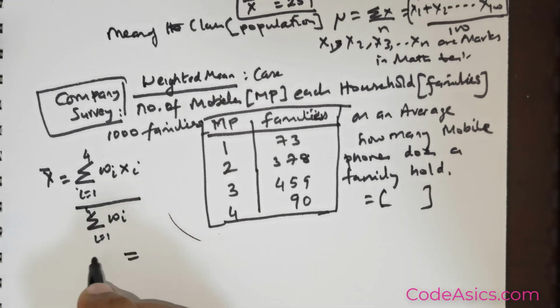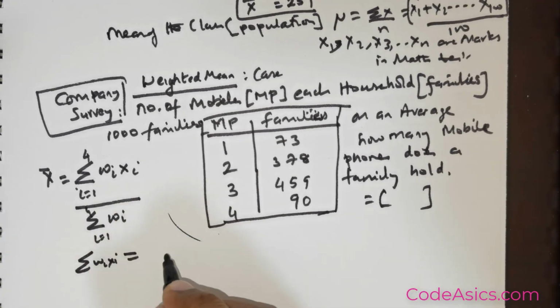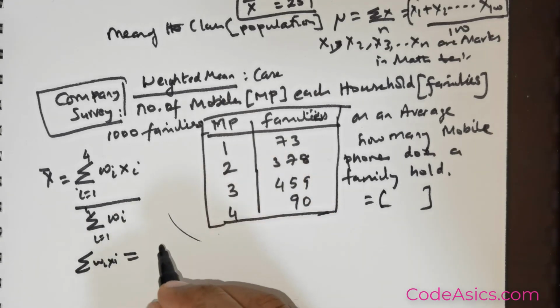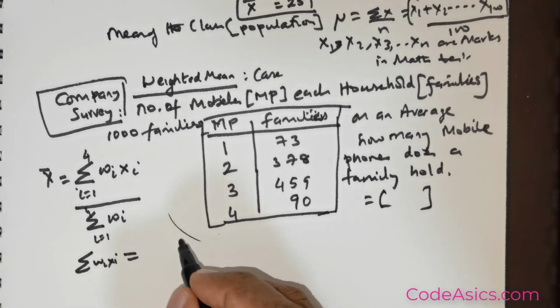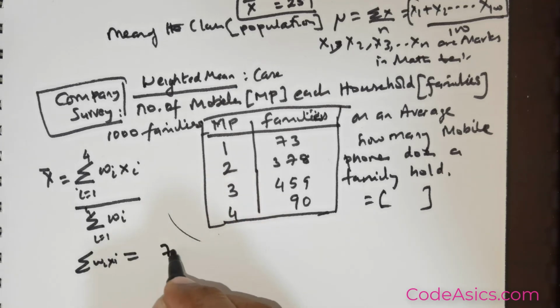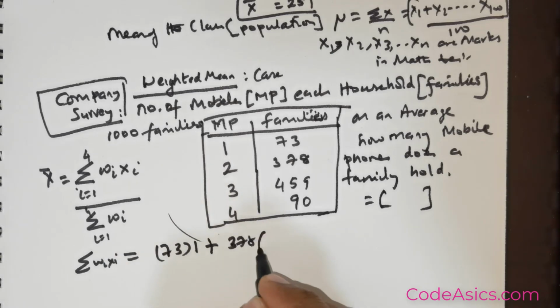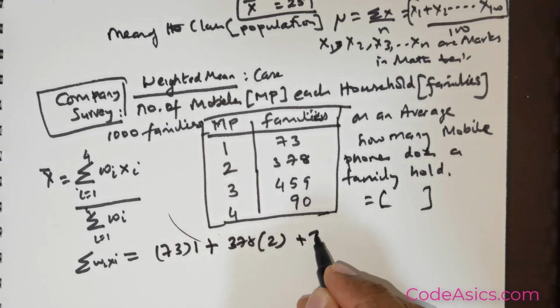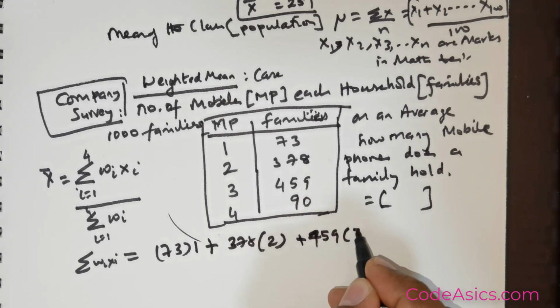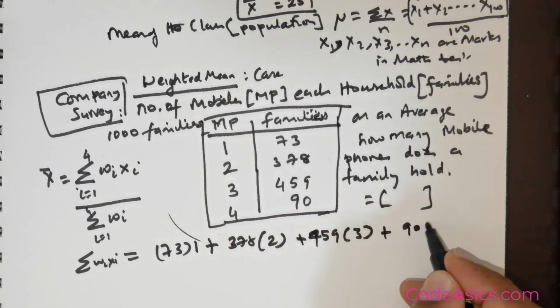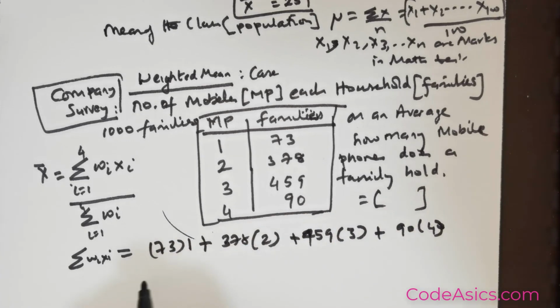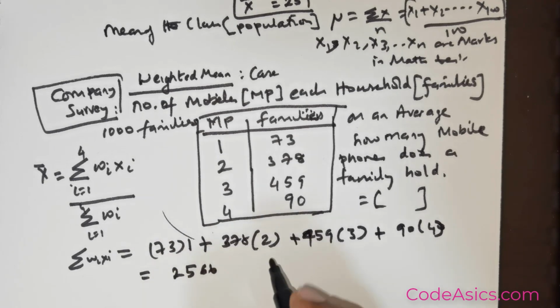So having got that, let me calculate sigma wi times xi. That would mean I need to take the weight. In this case the weight is going to be 73 multiplied by a family, plus 378 times 2, plus 459 times 3, plus 90 times 4. So this will give you 2566.